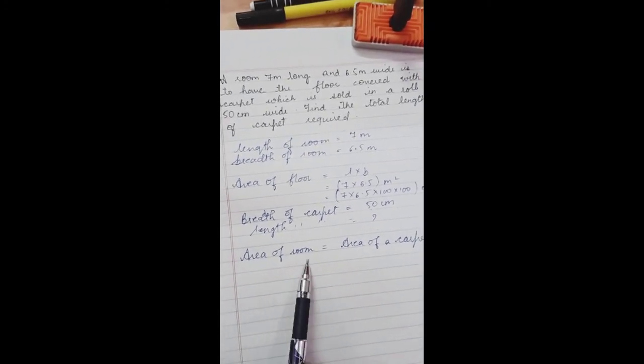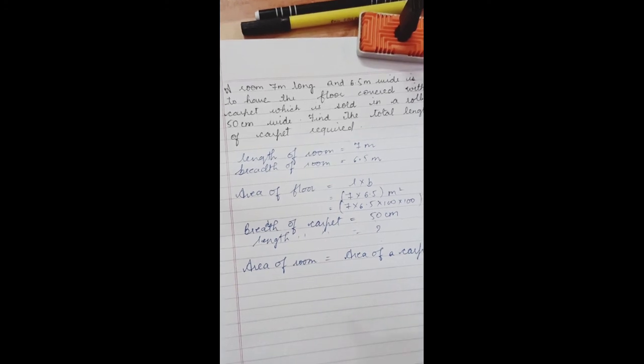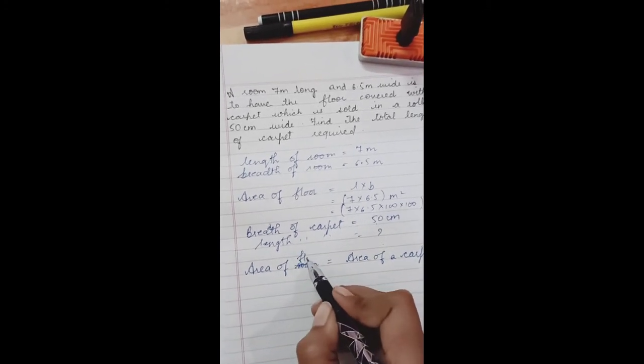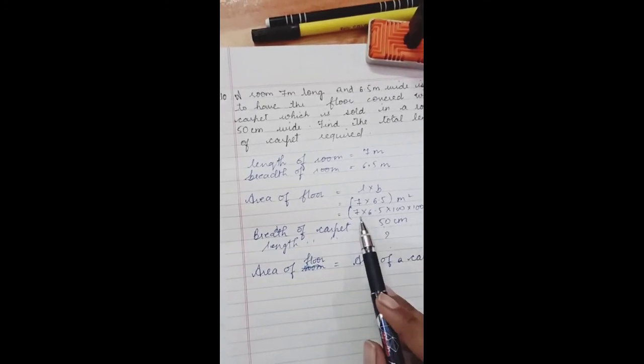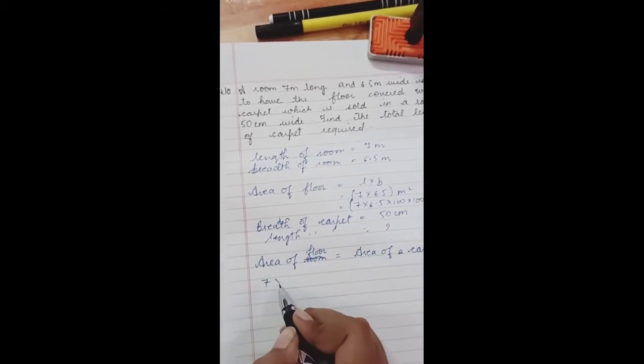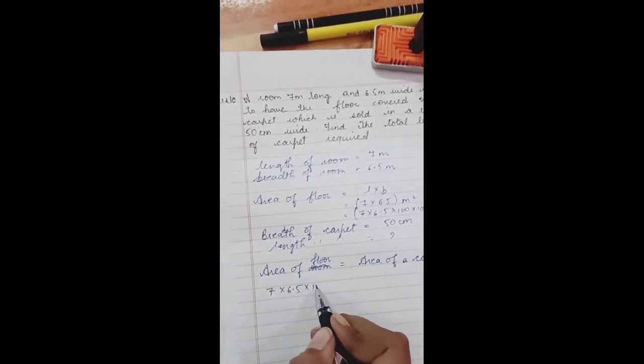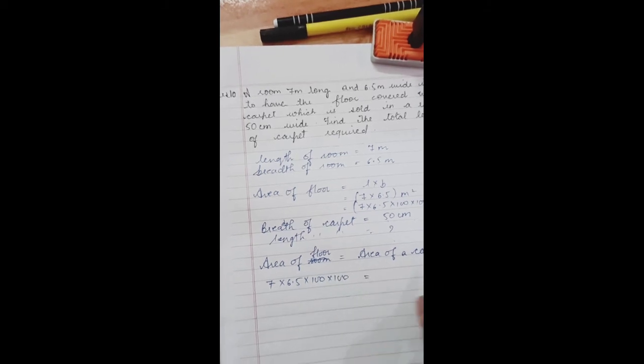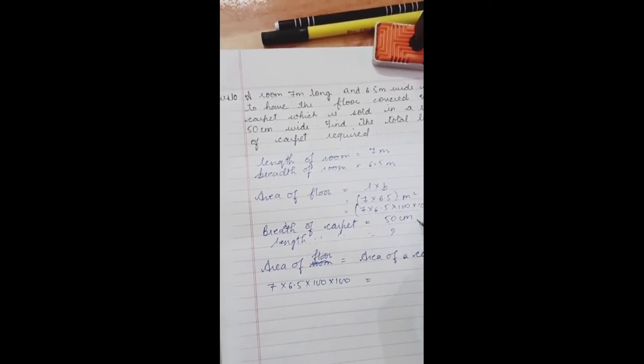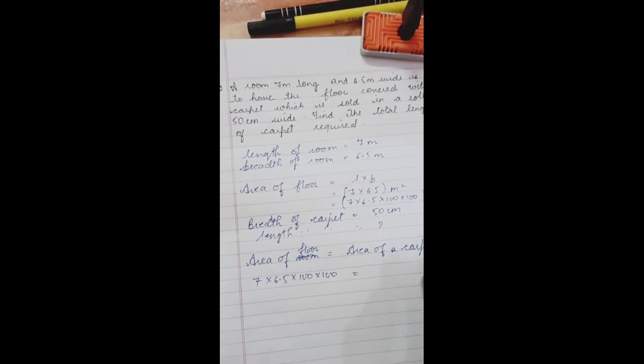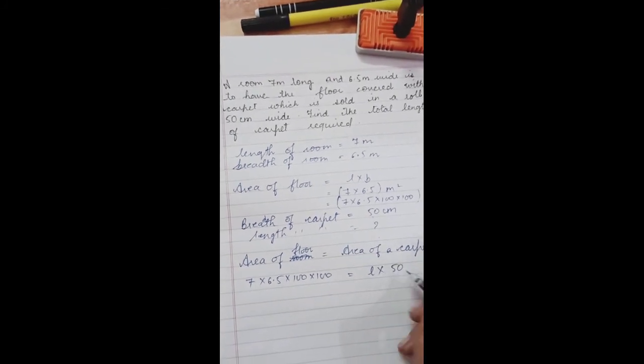So area of a room, or you can say area of a floor, is this 7 into 6.5 into 100 into 100, and area of carpet, we know the breadth, we don't know the length, so we write length into 50.